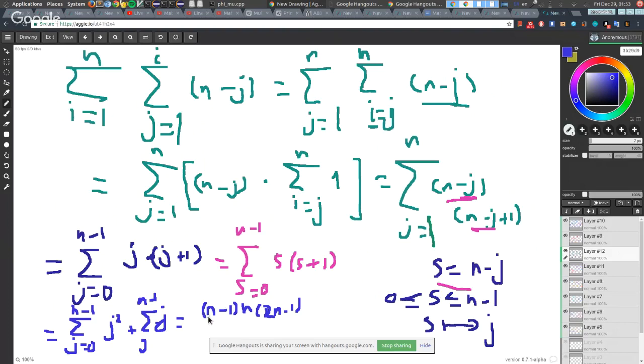So this is n minus 1 times n times 2n minus 1 over 6. This is the sum of squares. And then we have n times n minus 1 over 2, which is this sum here. So this is the value of the summation that we wanted to evaluate from the beginning.